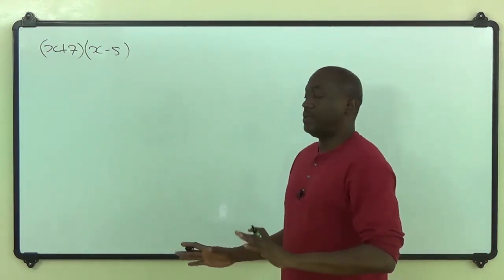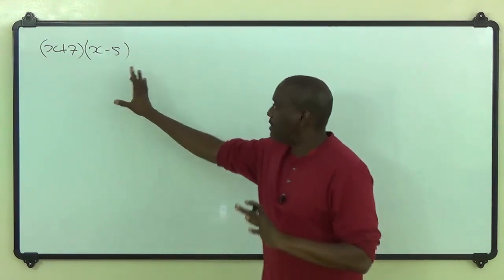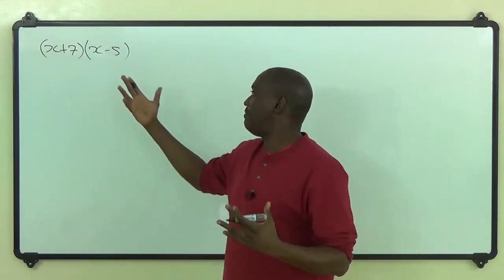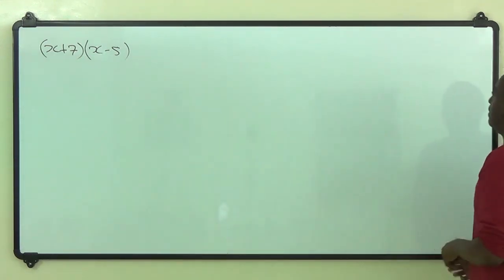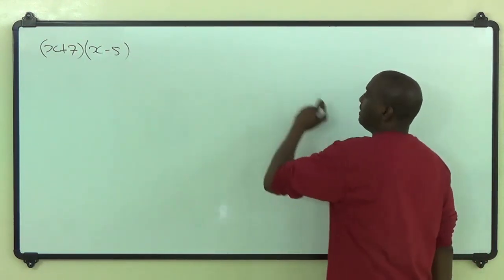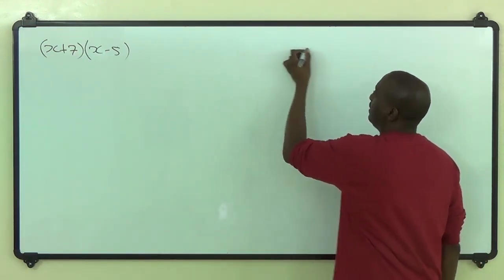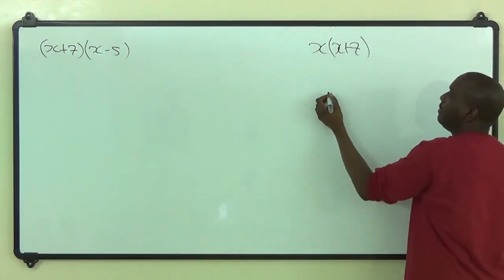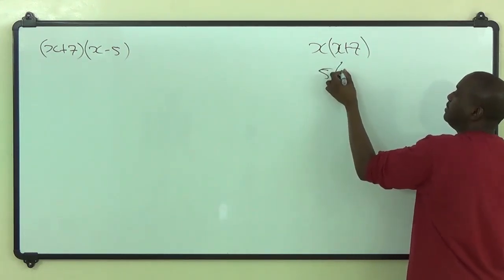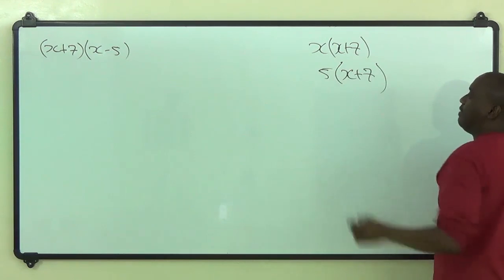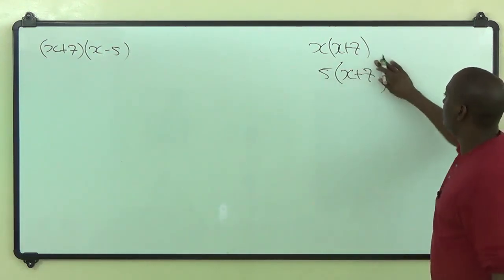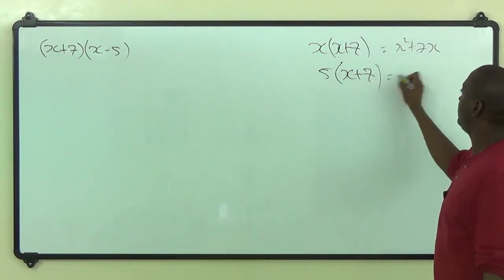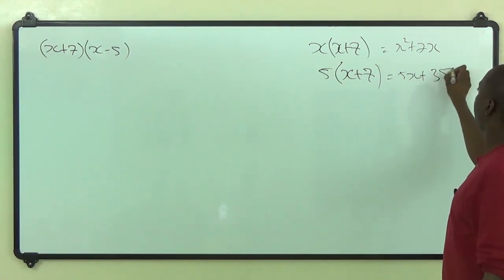Now, that is pretty much as hard as it would get at the level of CSEC maths. Before that you might have something like x into x plus 7, or 5 into x plus 7. This is your regular expansion, so you know that this would be x squared plus 7x, and this would be 5x plus 35.